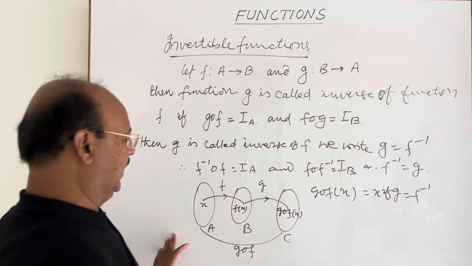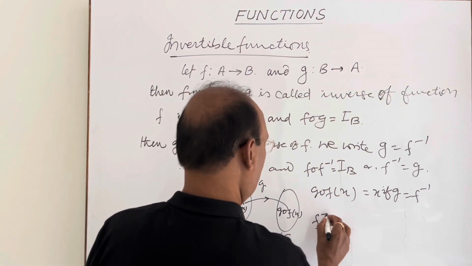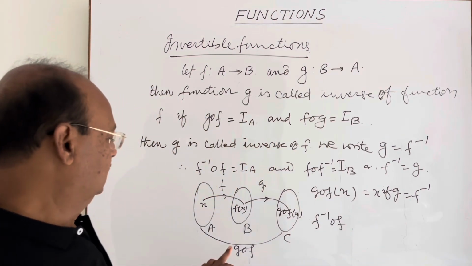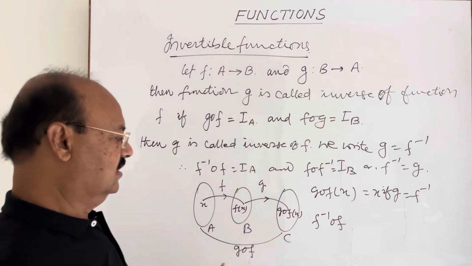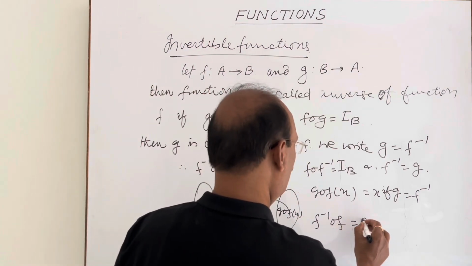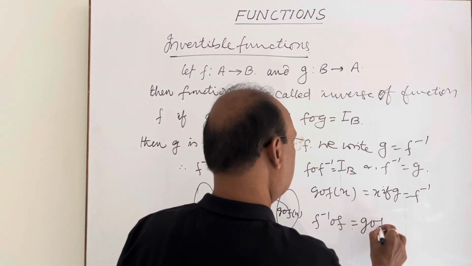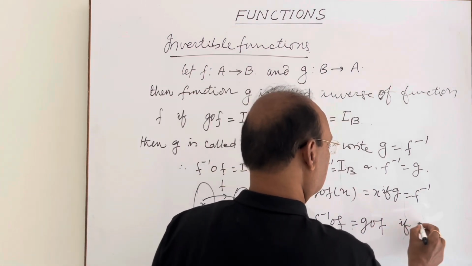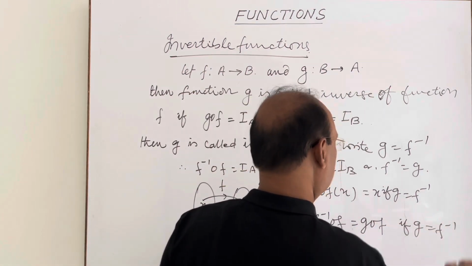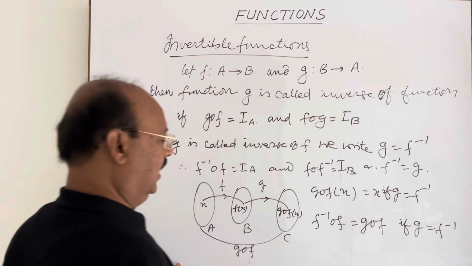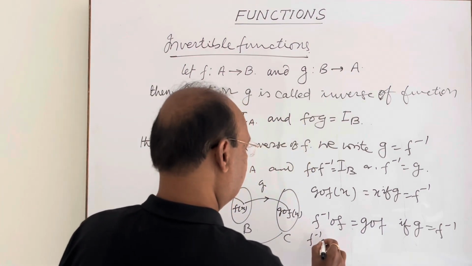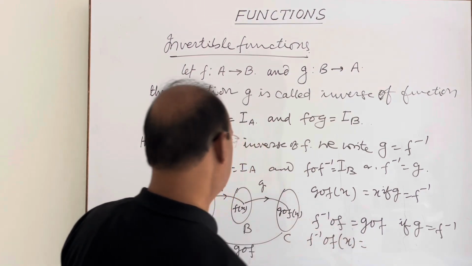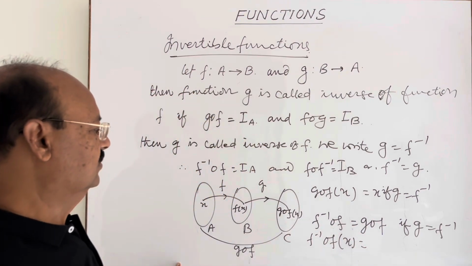So if we define here f inverse of f, and g is f inverse, then this is equal to g operation f. If g is equal to f inverse, then f inverse operation f of this element x will be how much?